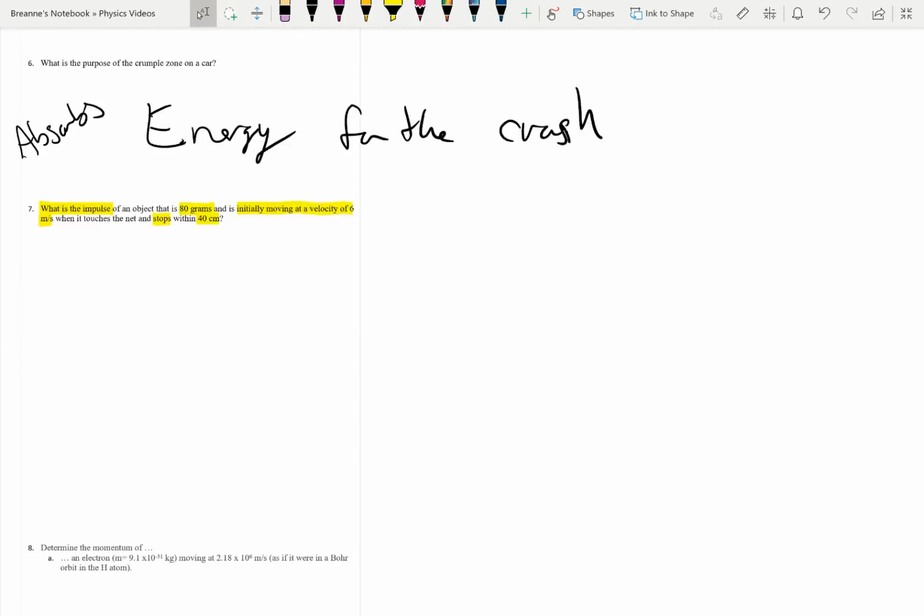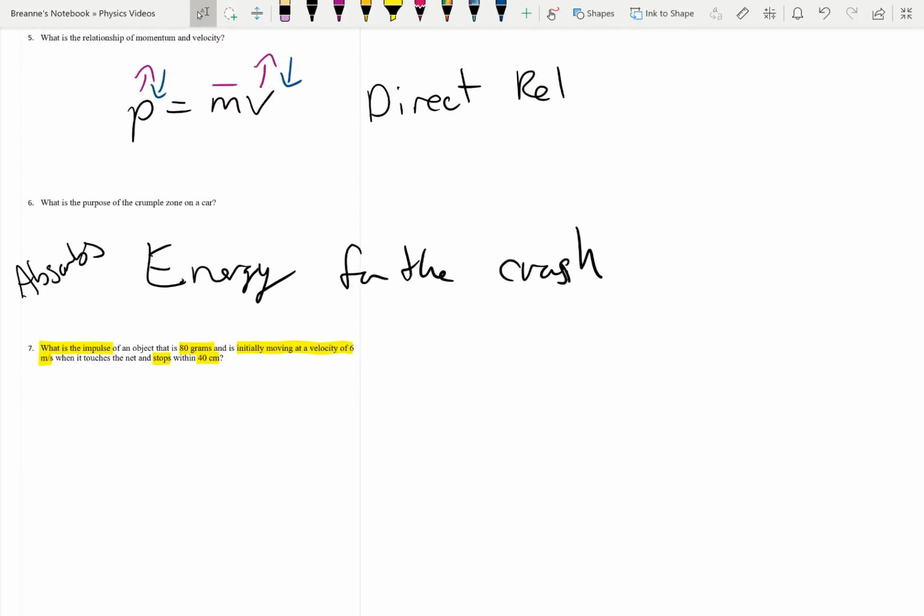Here we go. Let's write out our givens. The object's mass is 80 grams. It's initially moving at 6 meters per second.